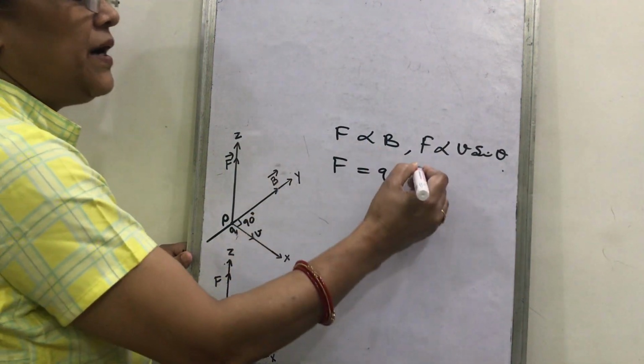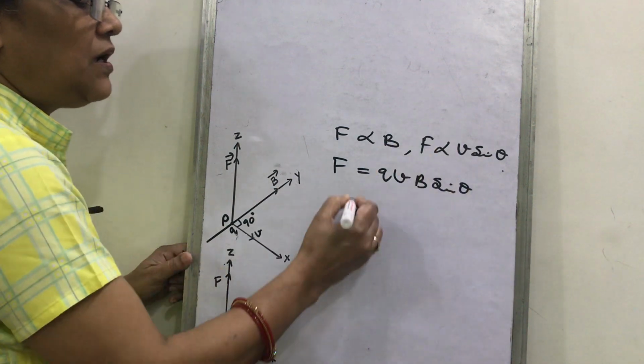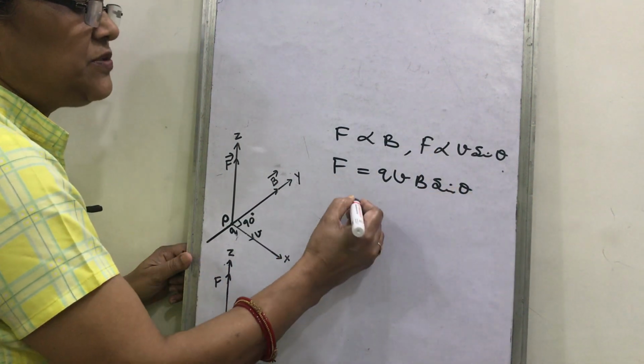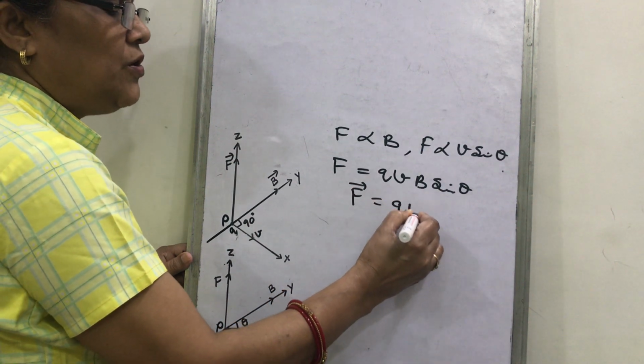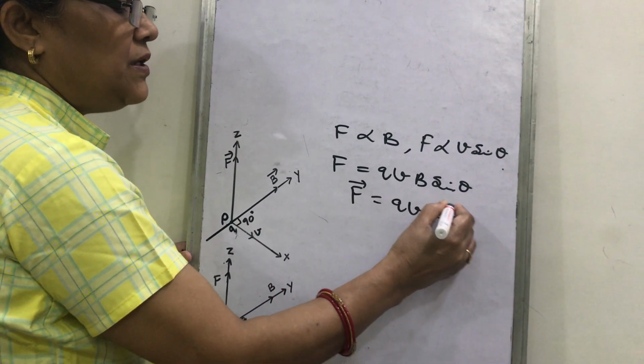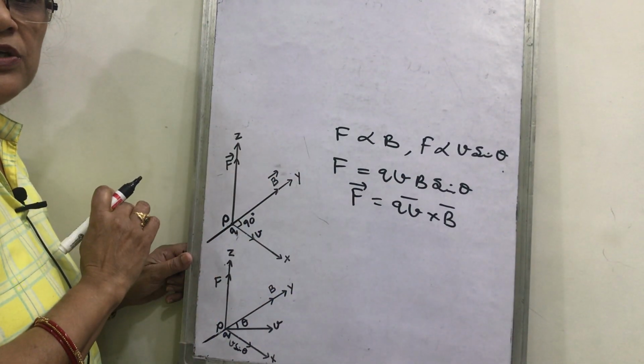On combining, we get the magnitude qvB sin theta, or in vector form F equals q v cross B. This force is called the Lorentz force.